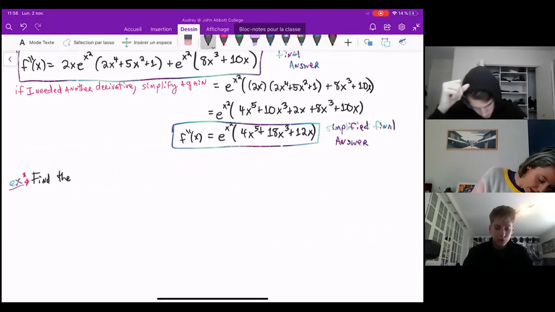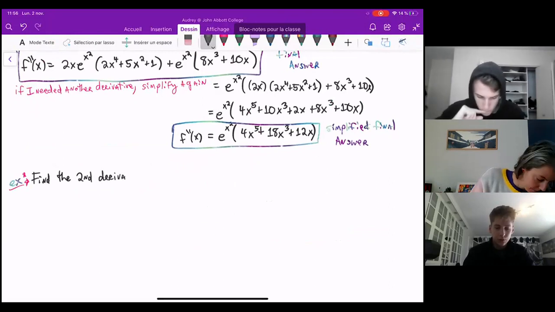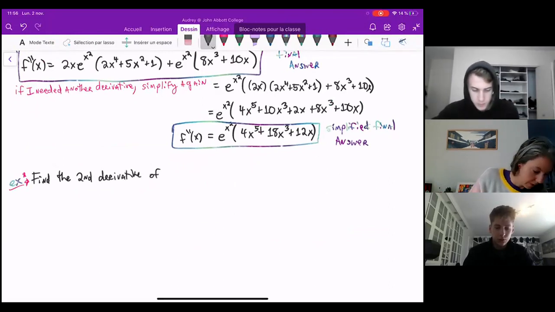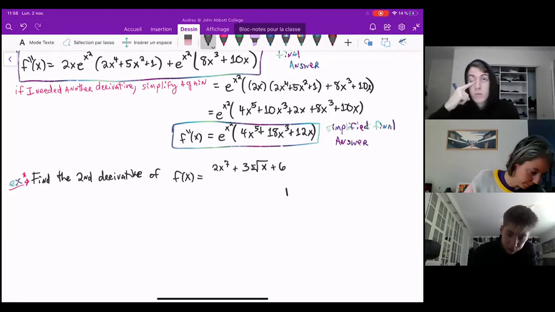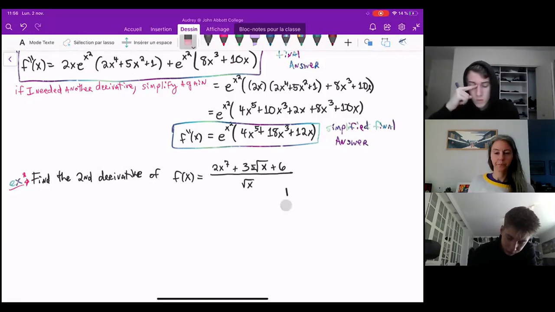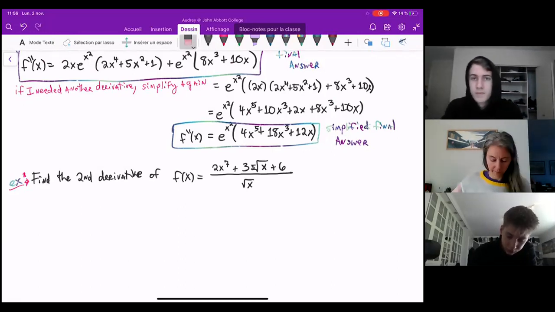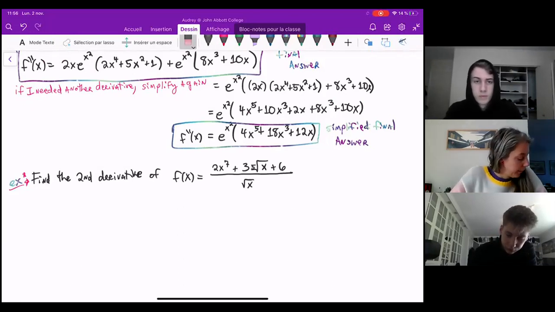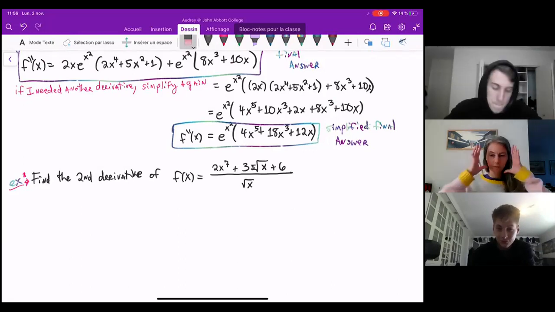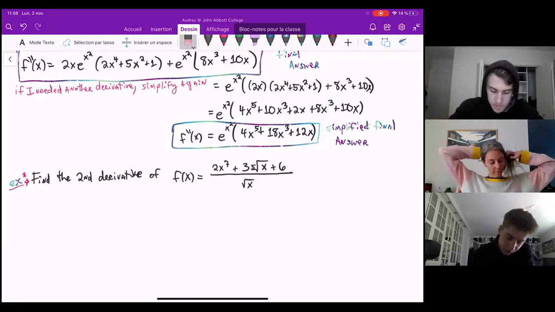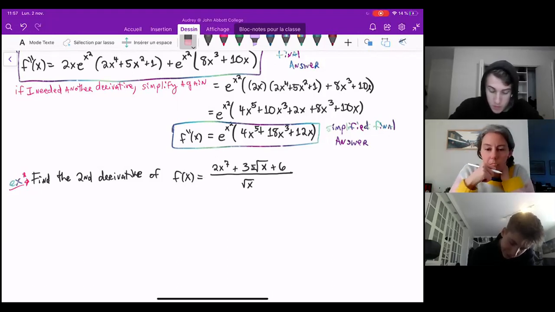Find the second derivative of f of x is equal to 2x to the 7 plus 3 times the 5th root of x plus 6 over the square root of x.